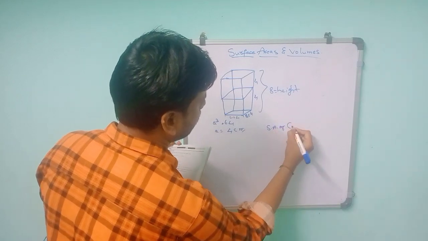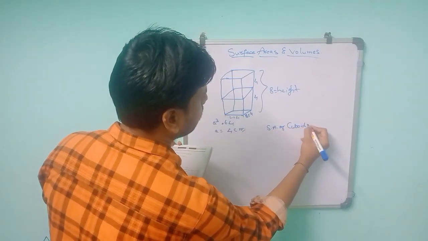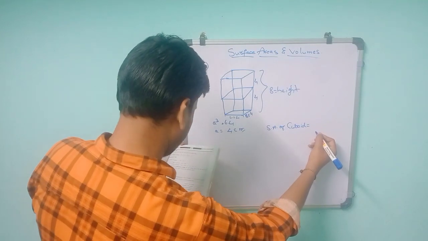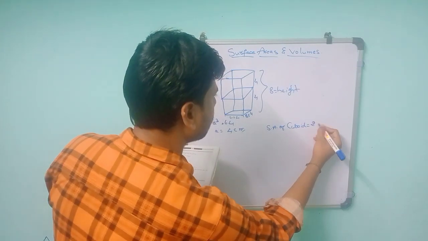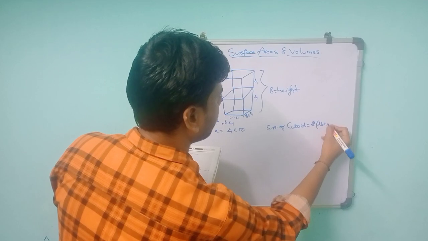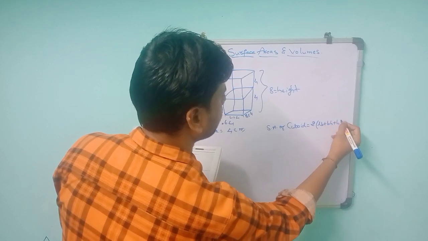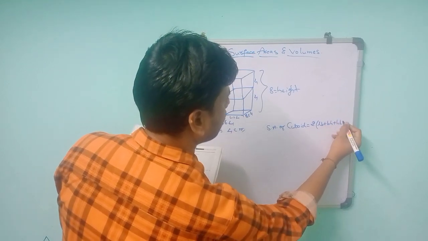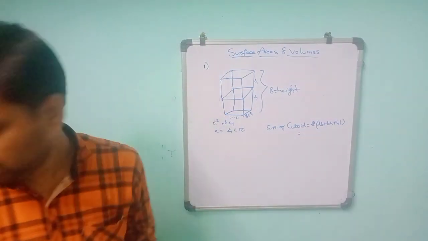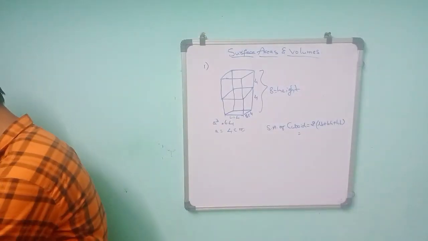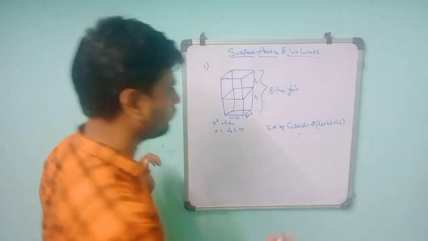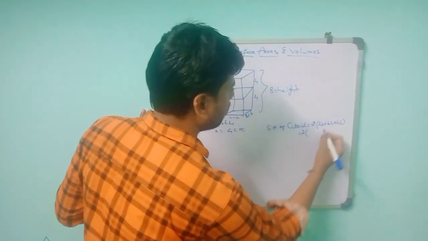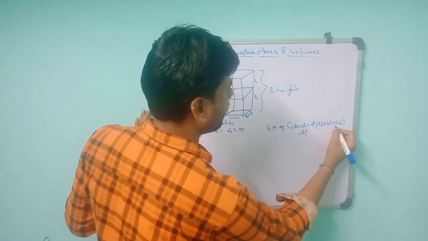Surface area of cuboid, the formula is 2 into (LB plus BH plus HL). So that will be 2 into, LB means length into breadth, breadth into height and height into length.